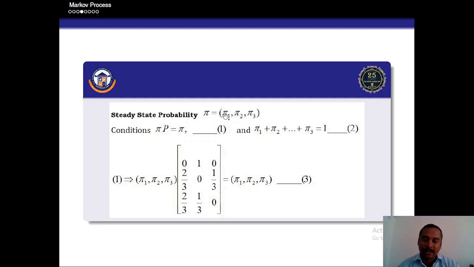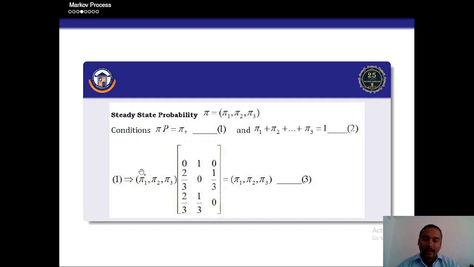Pi 1 for city A, pi 2 for B, pi 3 for C. Here the condition is pi into P equal to pi and the sum of the vector equal to 1. So this is the steady state vector, and P is the transition probability matrix, equal to the steady state vector.